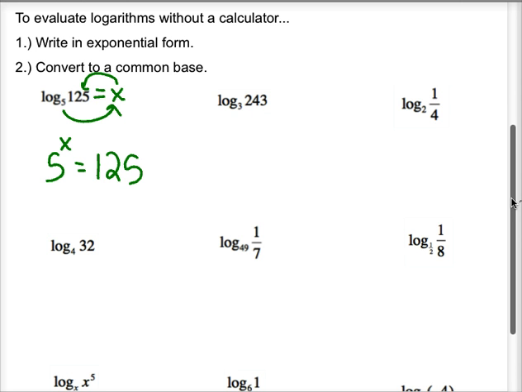And again, even though you won't have your calculator for this piece, you will have your powers chart. So all you have to do is look at your powers chart. Powers of 5. 5 to the first is 5, so no. 5 to the second is 25, so no. 5 to the third, there it is. 5 to the third is 125. So what does it equal?